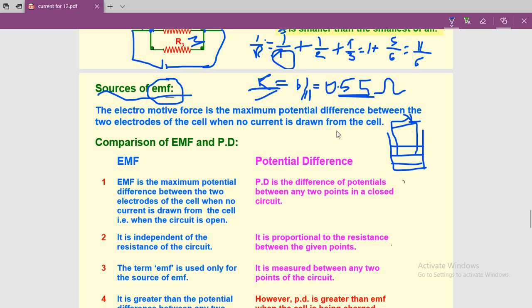Okay, but it has another definition. It means EMF has another definition, and I'm going to tell you that definition. EMF is defined as the work done to carry unit charge in the whole circuit, including the electrolyte of the cell. It means, suppose this one is an electron.